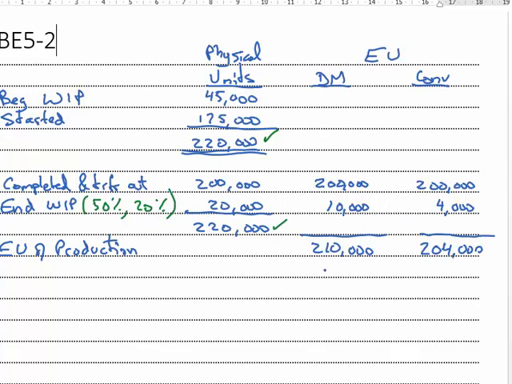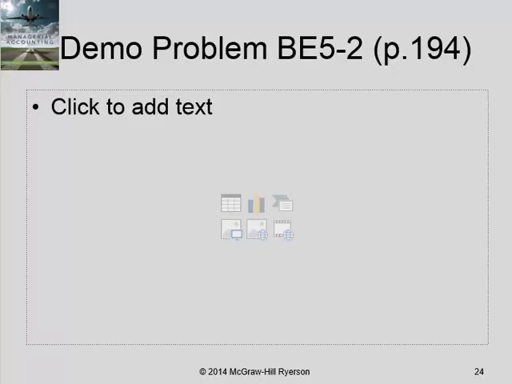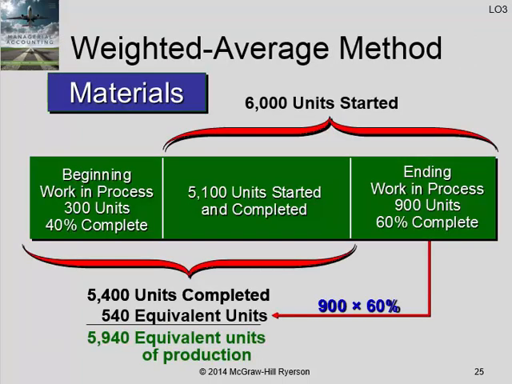So we now have total equivalent units of production for each of our two dimensions here, direct materials and conversion costs, for the month of, whatever this was, October. So that concludes this brief exercise. Okay, so that was demo problem BE 5-2.